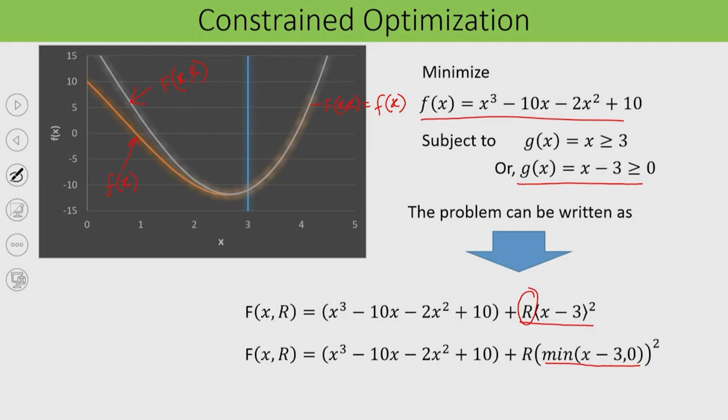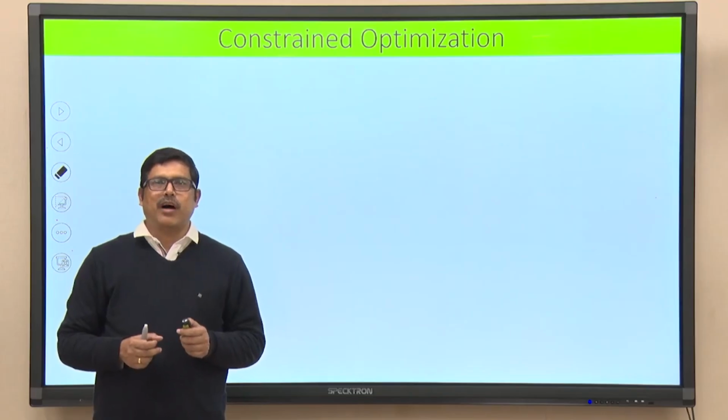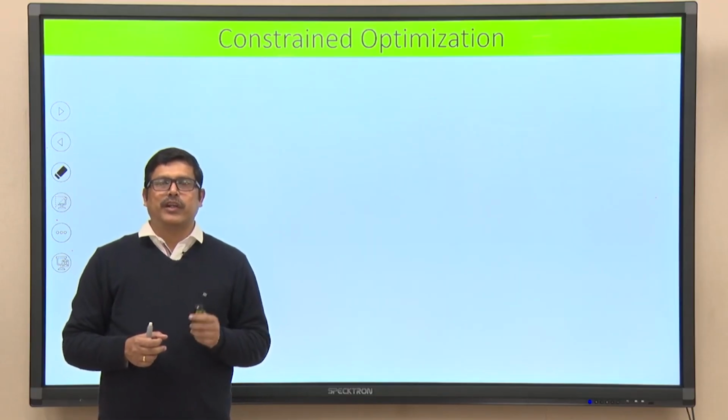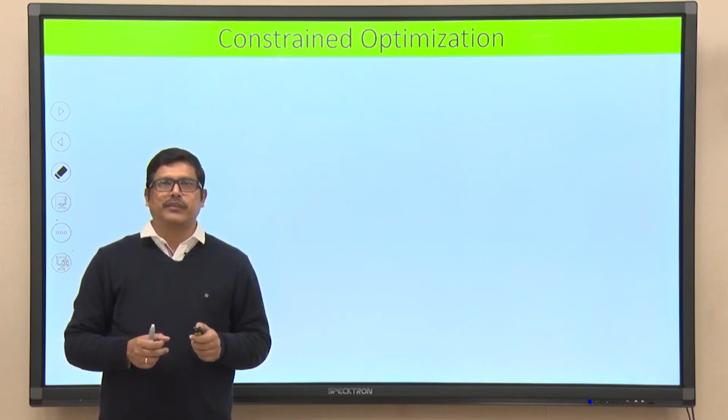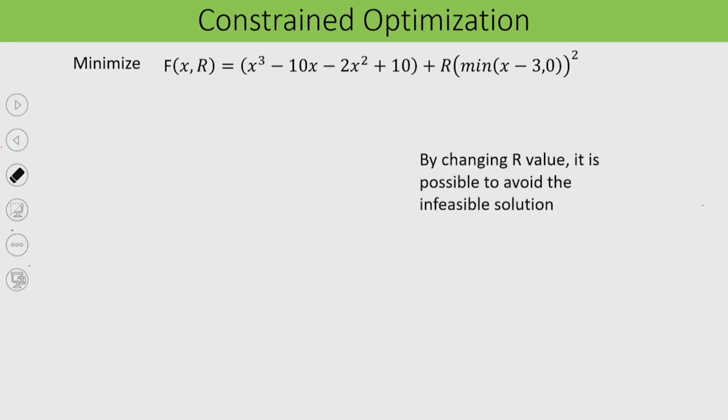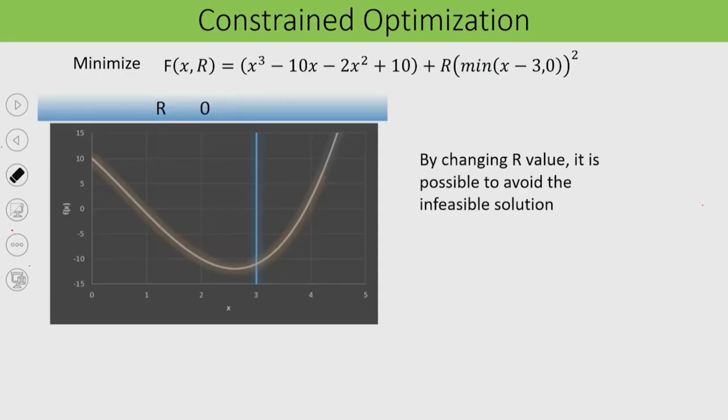Now this is for a particular value of r. Maybe I can start r with 1, and then increase it. Let us see the effect of r in finding the constrained minimum solution of this problem. So we will change r.